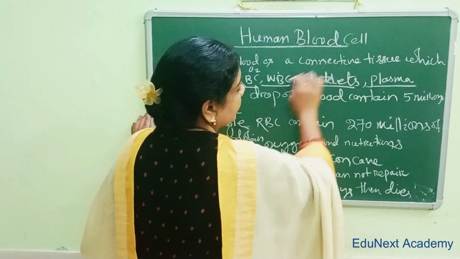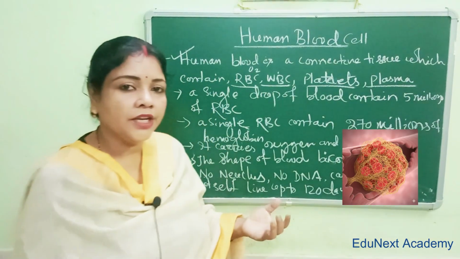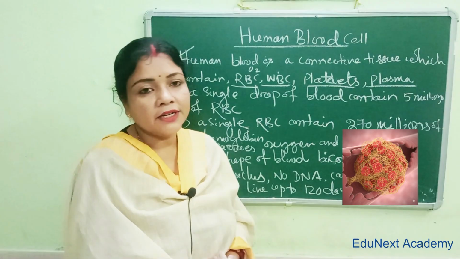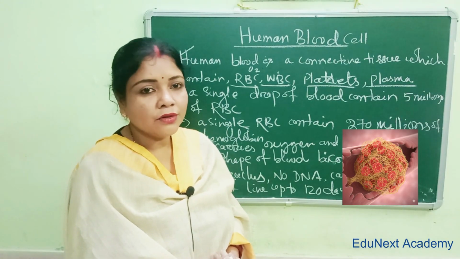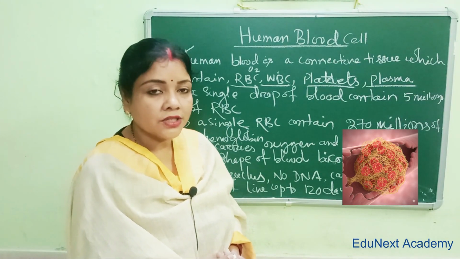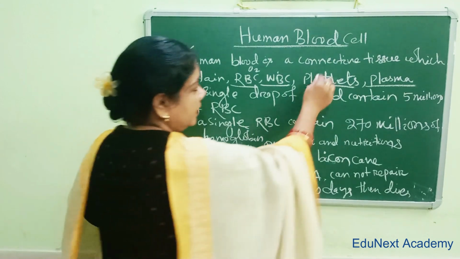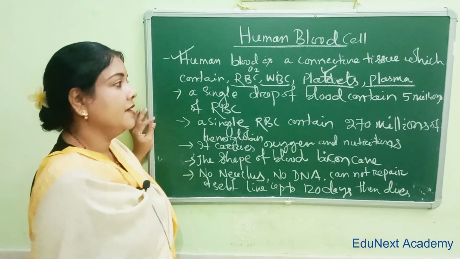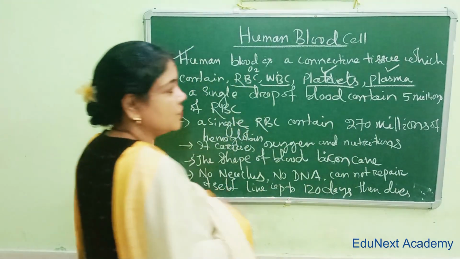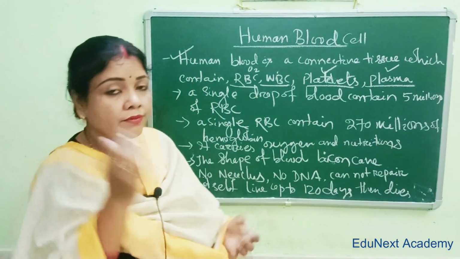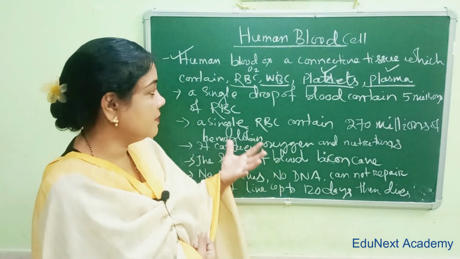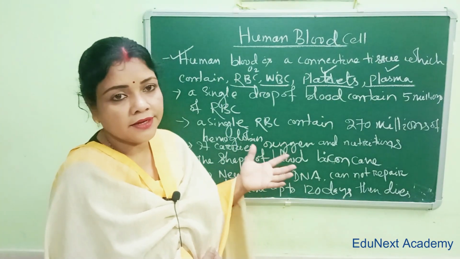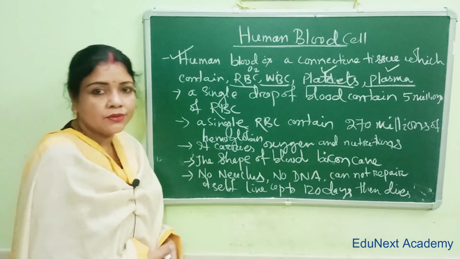Platelets help in clotting our blood. Whenever some part of our body is cut, the blood clots and bleeding stops automatically. Actually, platelets are behind that. Plasma carries nutrition to every part of the body, because inside the blood so many things are there. Now let us discuss today's topic.